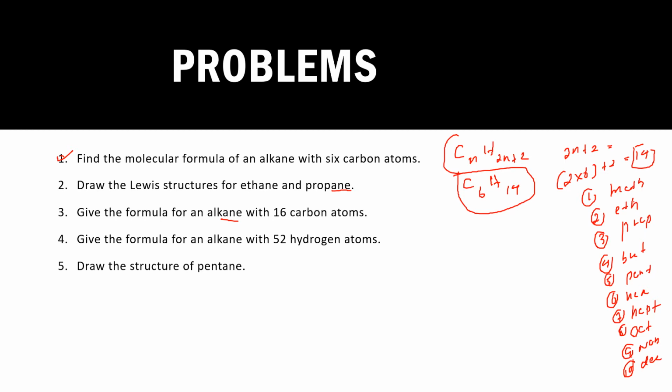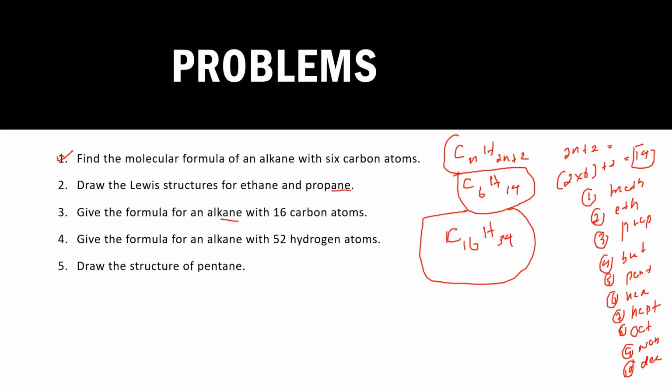They are asking for the formula, so the formula is C16H34. Are you with me? Because CnH2n+2, that means C16, 2n is 32, 32 plus 2 is 34. So C16H34. This goes beyond the 10, dec, therefore don't worry about naming this one with the words now.